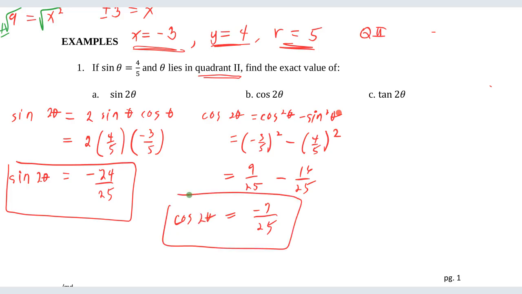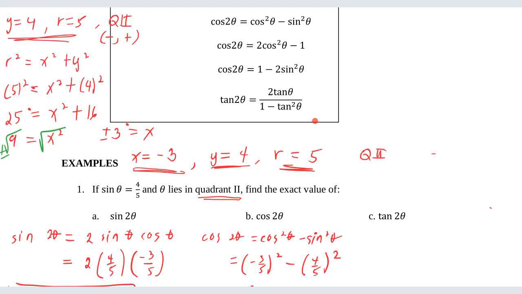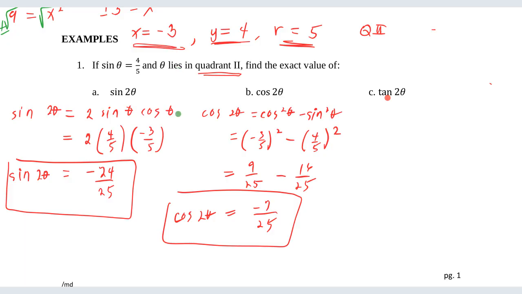All right, next up is tangent 2 theta. For tangent 2 theta, we only have one formula, which is the last statement here: 2 tangent theta over 1 minus tangent squared theta. So I'm just going to copy that and substitute the values.